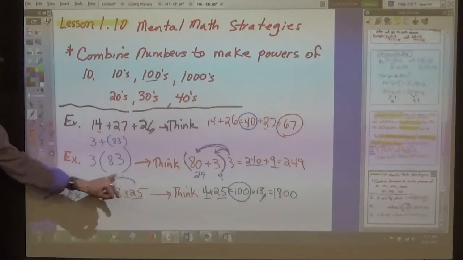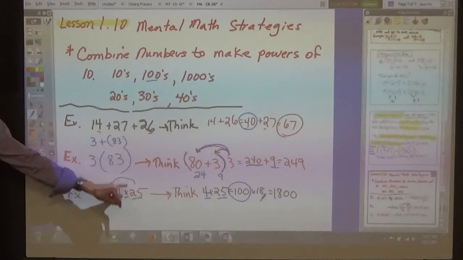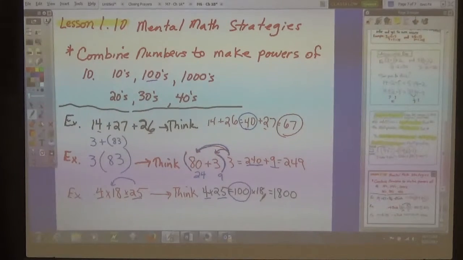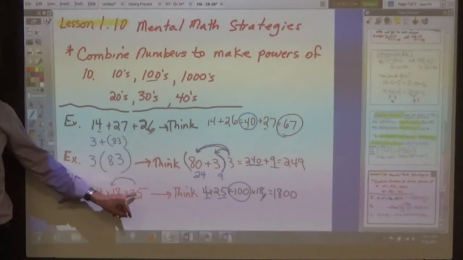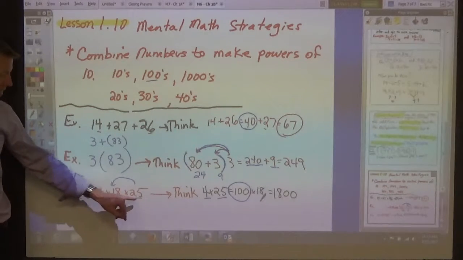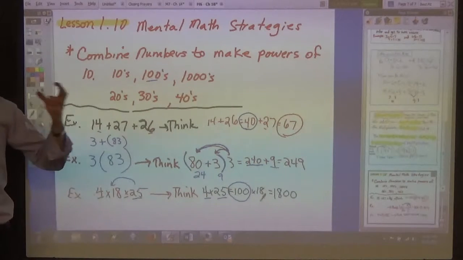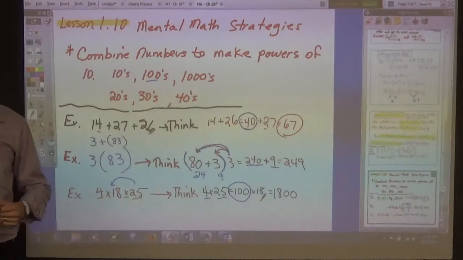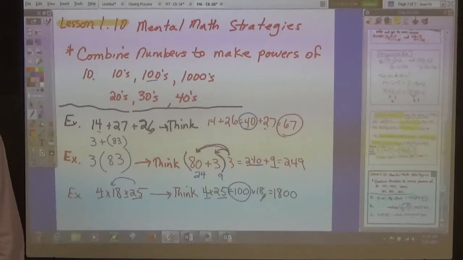And so, again, by changing the order of the numbers that you multiply, it can make it easier to do it mentally. It's much easier to do 4 times 25 mentally than it is 4 times 18 mentally, or 18 times 25 mentally. So combine the numbers first that you can use to make a power of 10.